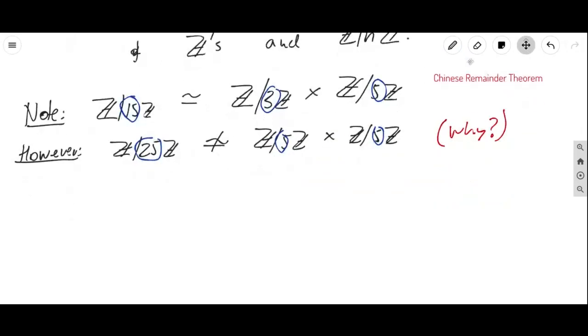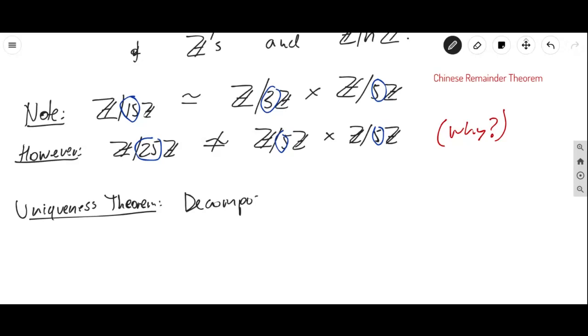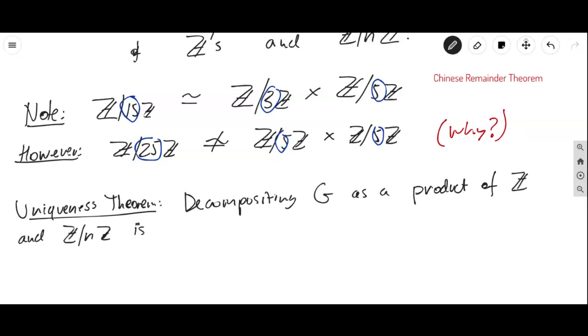So there's a uniqueness theorem. The uniqueness theorem would say that decomposing G as a product of the integers and integers mod nZ is unique.